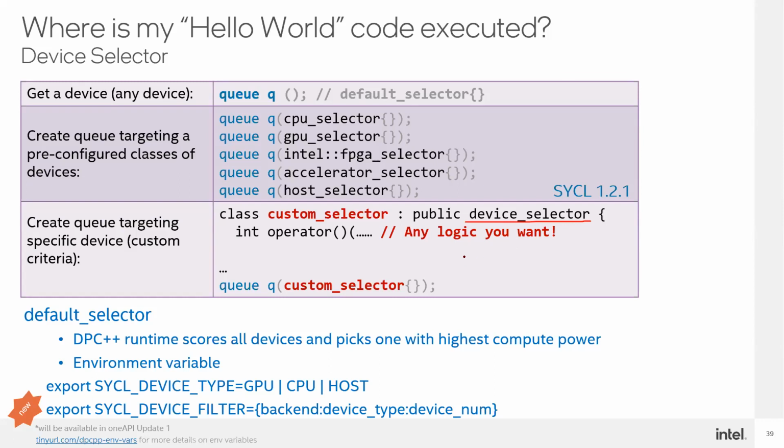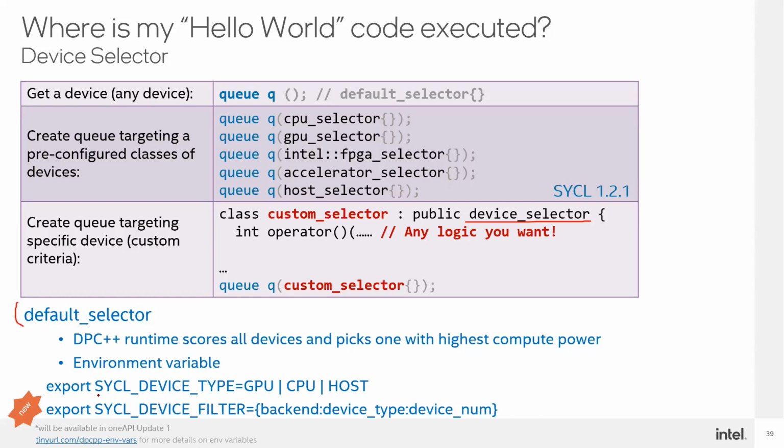And in the exercises I prepared on the dev cloud, you have an option to control it yourself. So if you pick the default selector, you have an advantage that you can control the selection of the device at runtime by using environment variables.